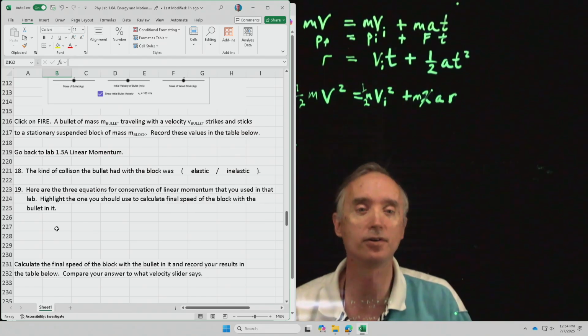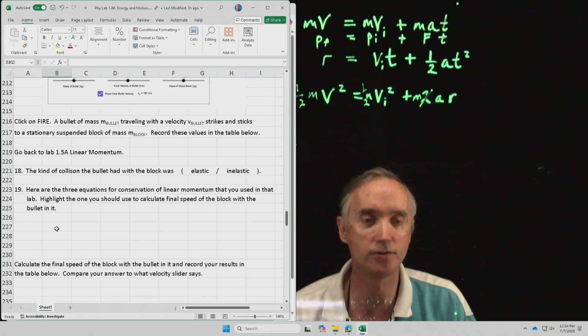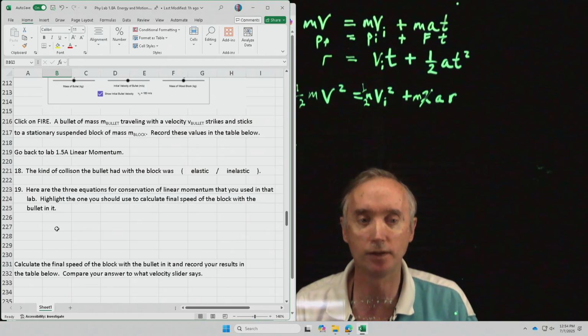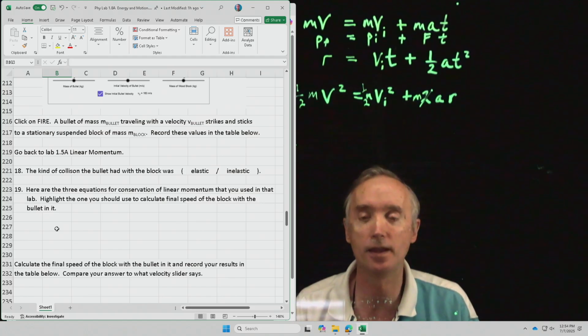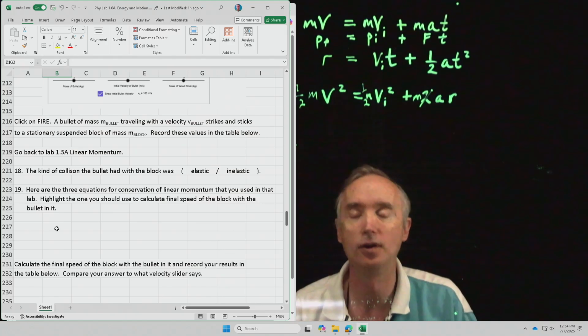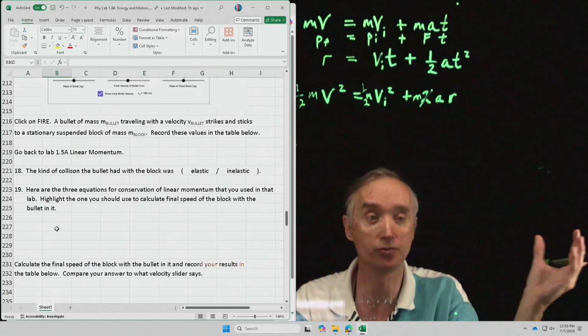Okay, so we had three equations that we did when we talked about linear momentum. The first one was the one where it was an explosion.